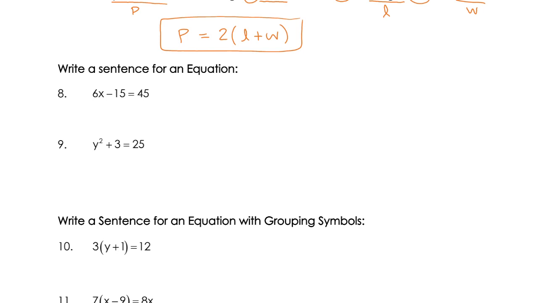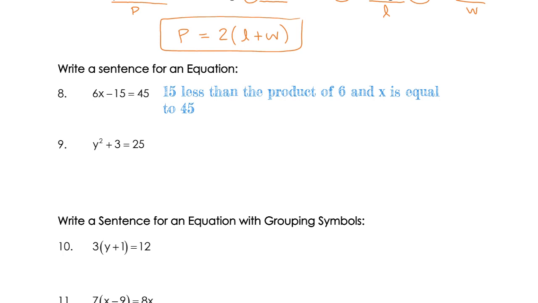So I'm going to put 15 less than the product of 6 and x is equal to 45. Maybe. I don't use the type feature very often, so I'm sorry. Okay, so hopefully that's showing up on your end.